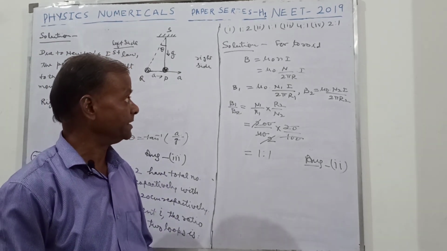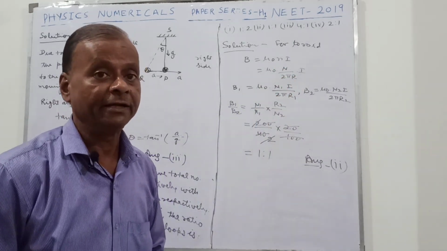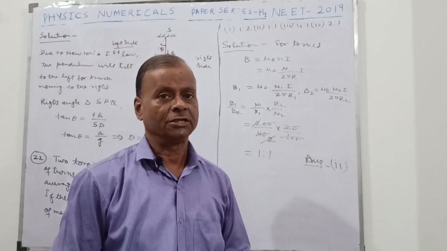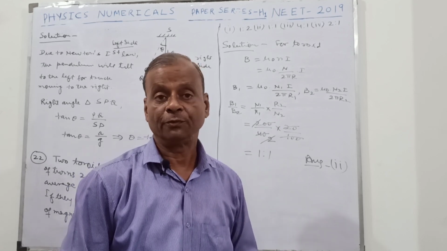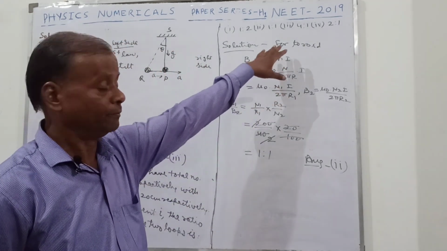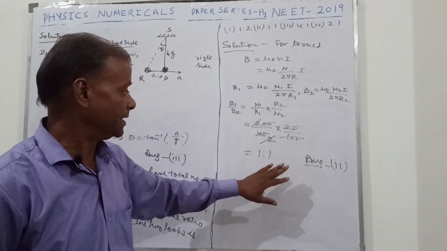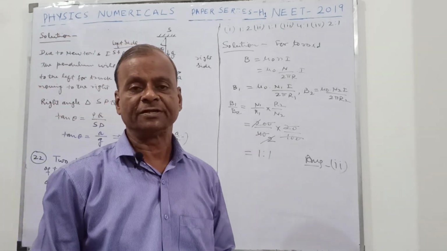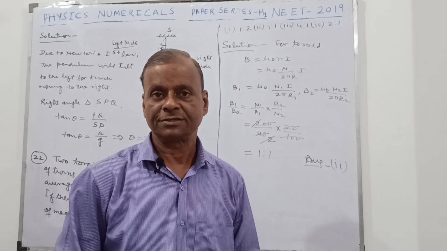And here you have to remember that the value of n will be found like this, N upon 2 pi r, not by N upon L. N upon L is used in case of the solenoid, where we have mu naught n I, with n equal to N upon L, capital L. But here we are given the toroid, so you have to use it like this. The ratio of these two magnetic fields will come out to be 1:1, or they have the equal magnetic fields inside the toroid.